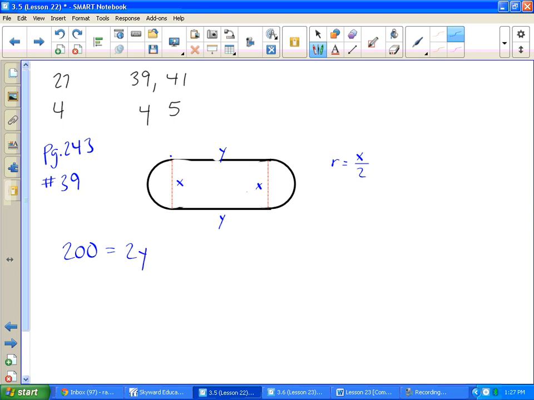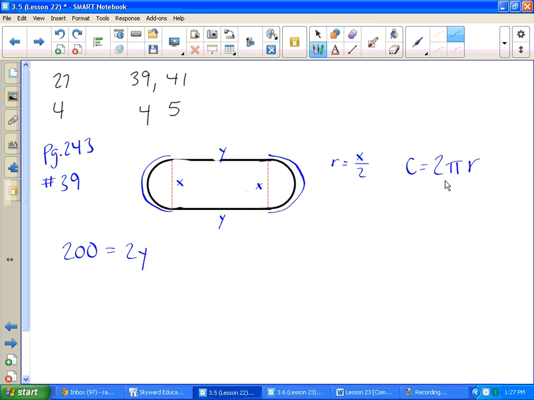But how do I find the distance around the corners here, the outsides here? Isn't that going to end up adding up to be the circumference of that circle? Okay, so the circumference of a circle is 2 pi r.